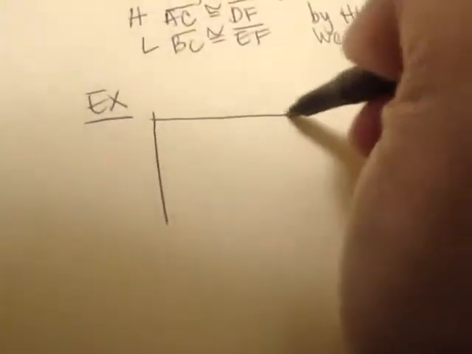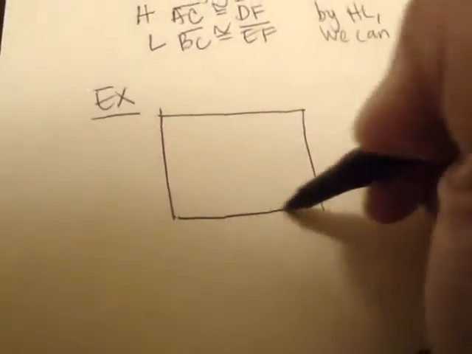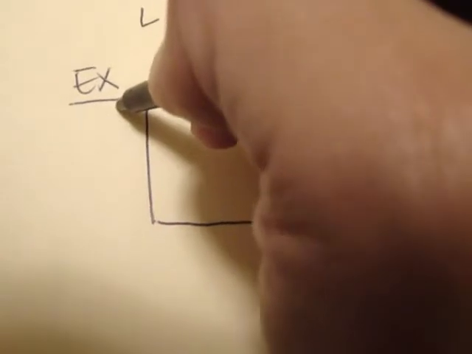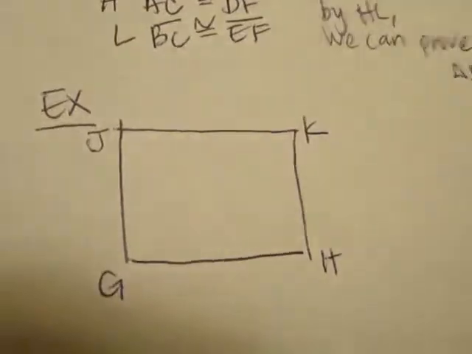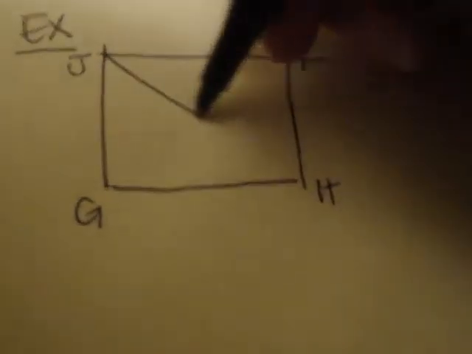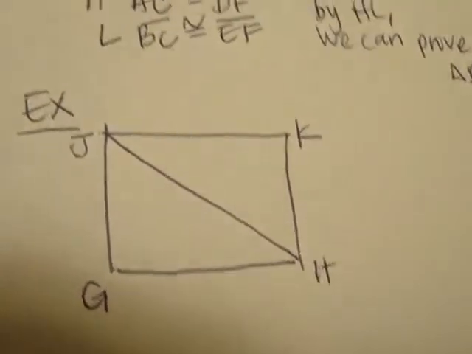Alright, so an example. I have a rectangle here that I'm going to draw. And it's rectangle JKHG. And there's a line that divides these two triangles in half.